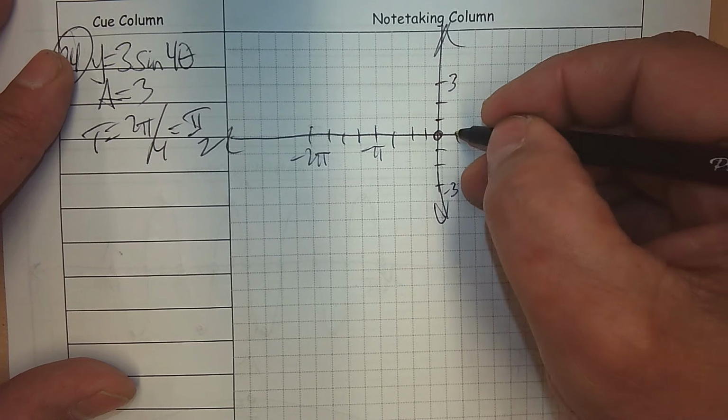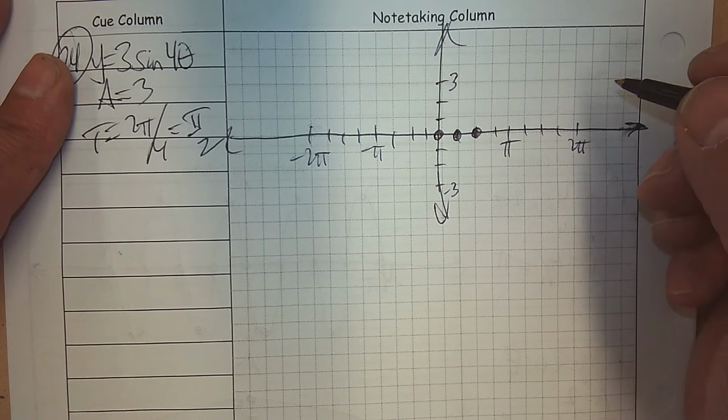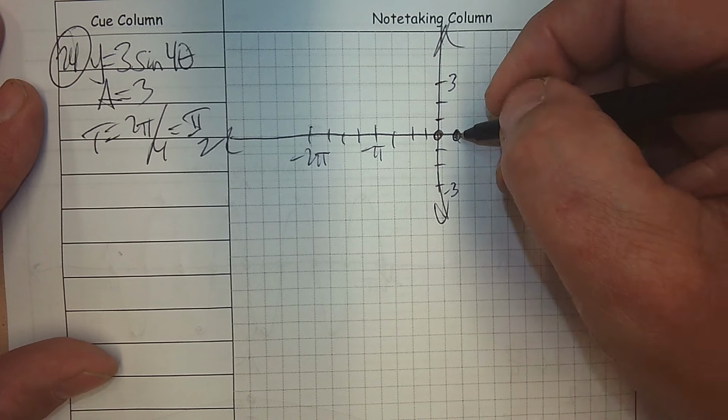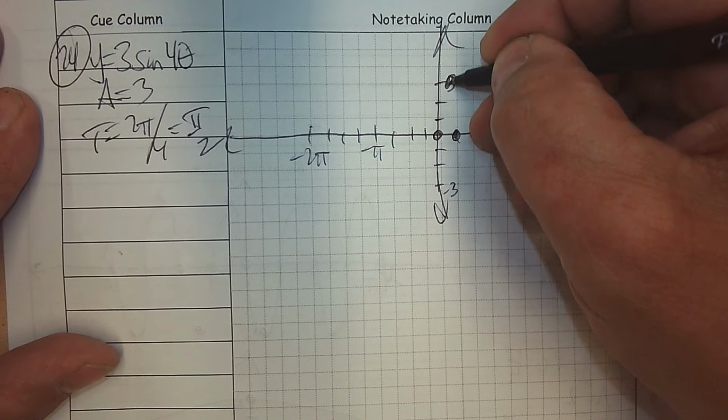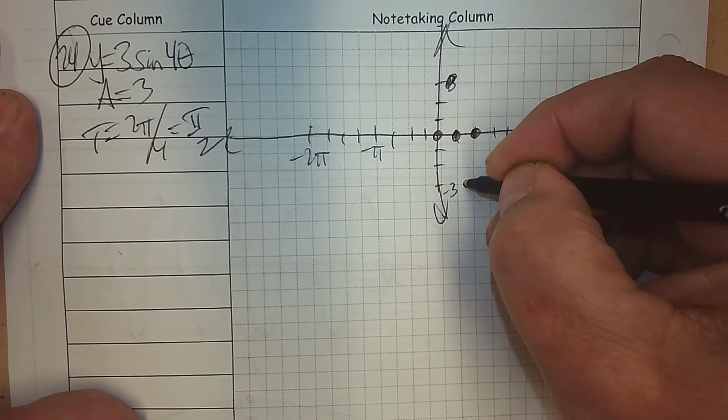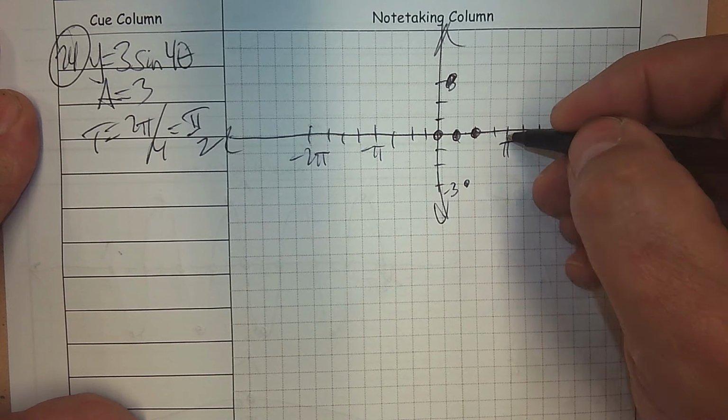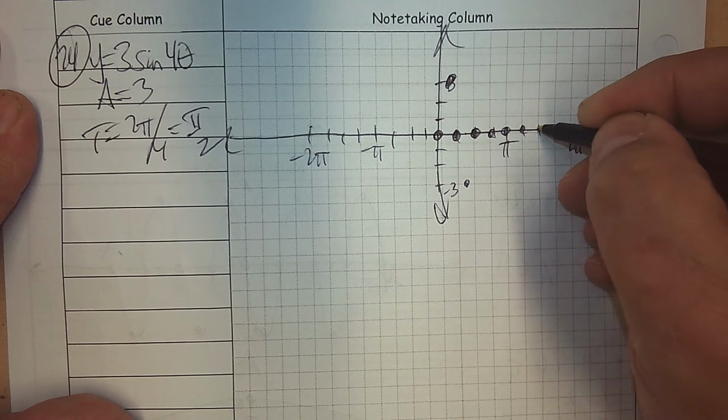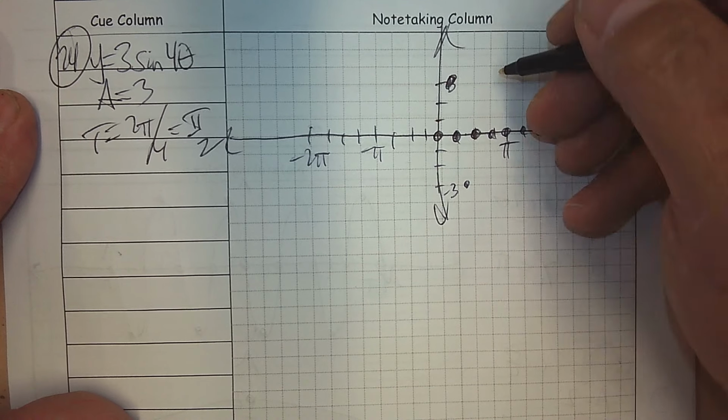So in the middle between them, we have 3 middle points. And then between the first 2 midpoints, we go up to 3, and then between the next 2, we go down to 3. So see how short that cycle is. We're going to follow that pattern all the way across so that you can see it.